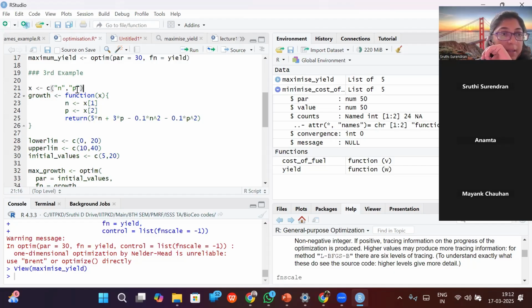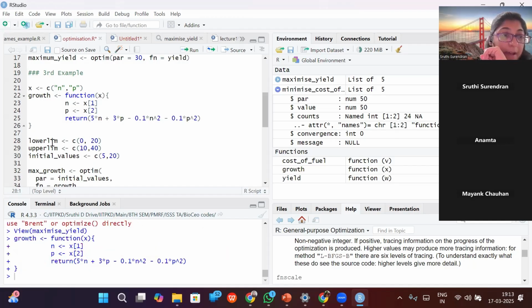This is the quantity of nitrogen and phosphorus that needs to be provided in this equation, and this function will be written in this form, that is function of x, where the first index is nitrogen and the second index is phosphorus. So n is equal to the first element of this vector and p is equal to the second element of this vector, and the equation is equal to 5 into n plus 3 into p minus 0.1 into n square minus 0.1 into p square. So this is going to be our function.